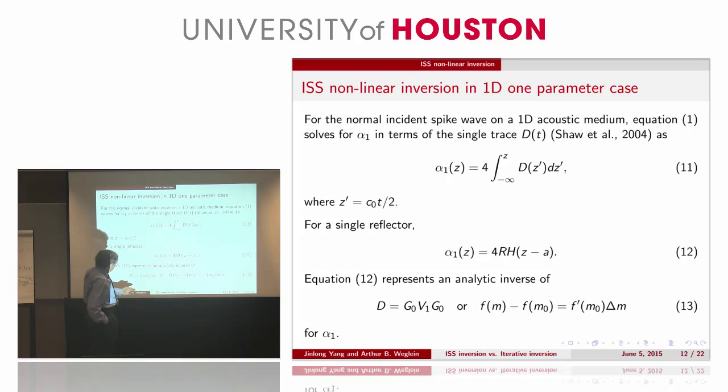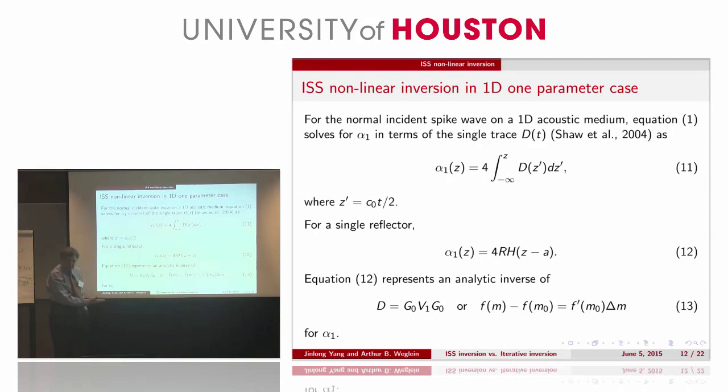So this then gives you how to find f prime of f0. In other words, if we consider this delta m like delta m1, yes, because it's a linear estimate. In other words, this here produces an analytic inverse to this or this.